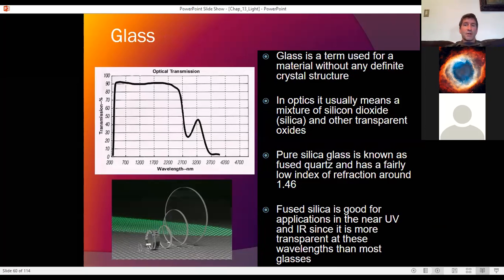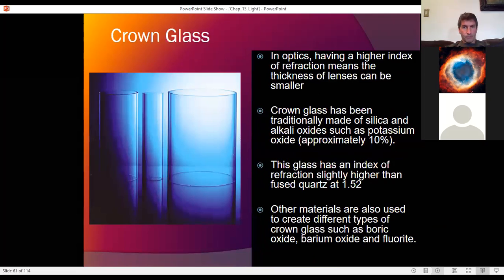So again, glass is a term we use to talk about materials without any definite structure. In optics, it usually means silicon dioxide mixed with something else. And again, crown glass, oh, I said sodium. Crown glass has been traditionally made of silica and alkali oxides such as potassium oxide. So not just sodium, sometimes they'll use potassium in there too.